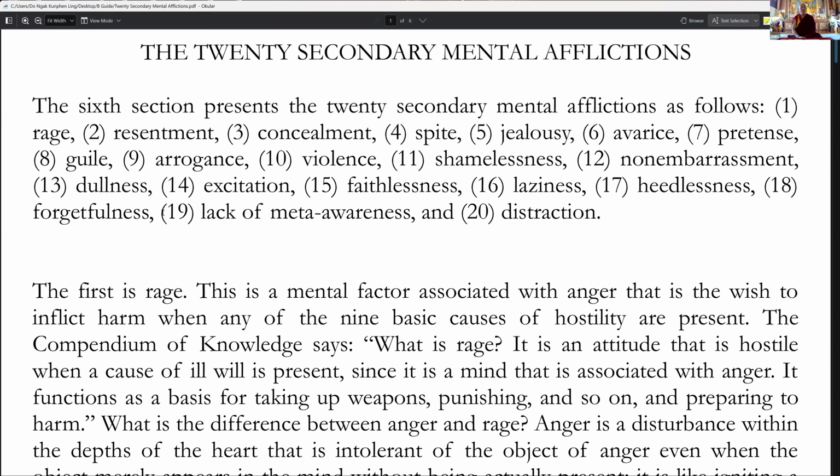So the mental defilement is like the main source, and it gives rise to negative intentions that lead you to take negative actions that cause you suffering. That's how it is connected.